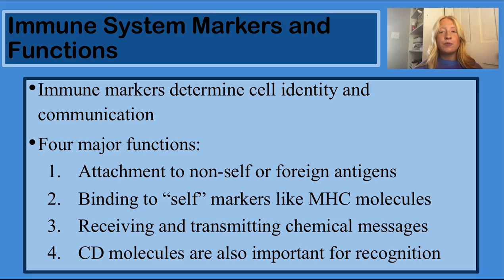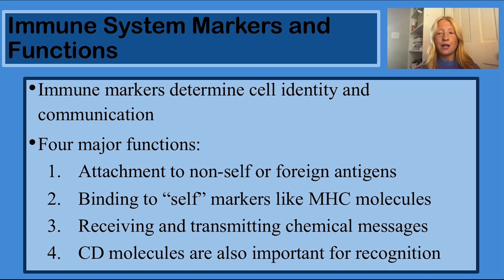In the immune system, the immune cells recognize each other and communicate with each other through markers. Markers are proteins on the surface of cells, and they let the immune system tell self from non-self. There are 4 different functions.